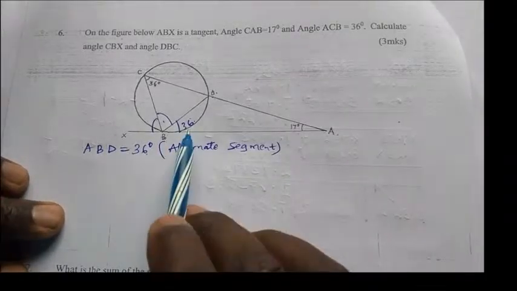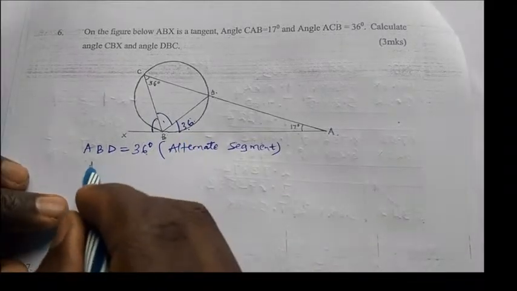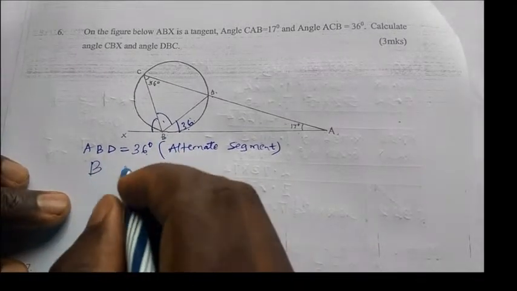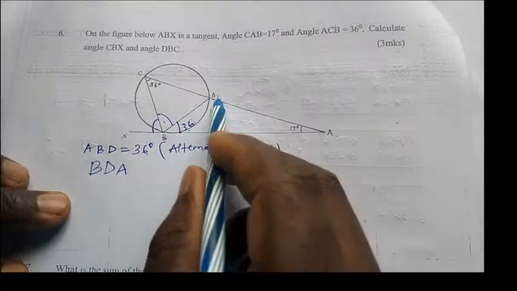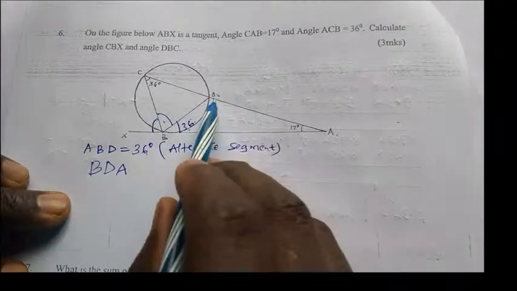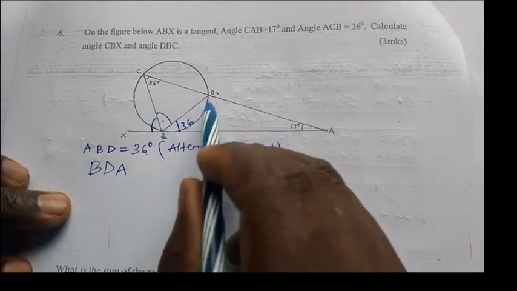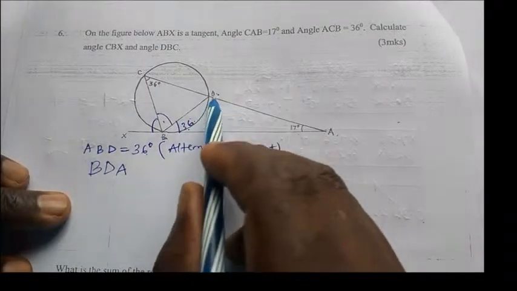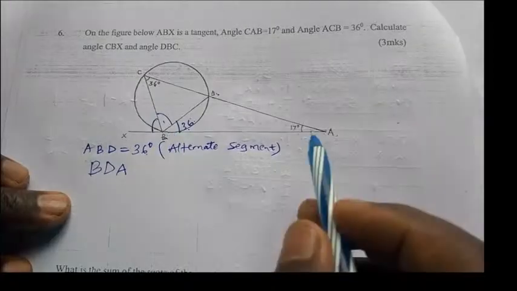Then angle BDA. BDA is a triangle, and the angles in a triangle sum to 180.